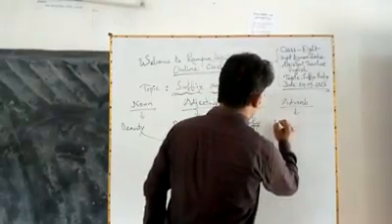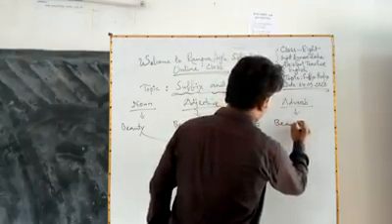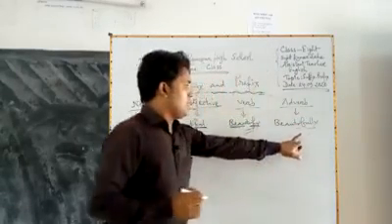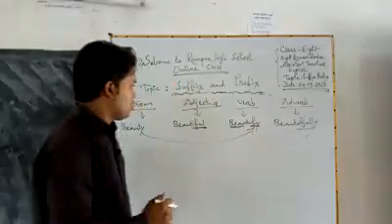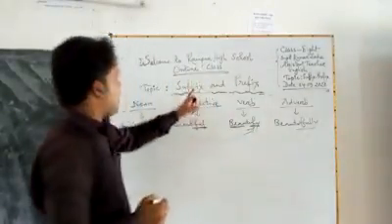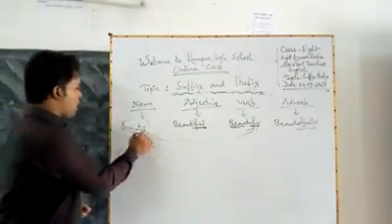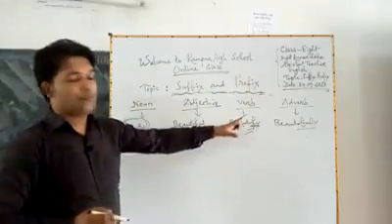Next, beautifully, an adverb. Beautifully is an adverb and it has another word meaning. So now we know that suffix and prefix help a word to make other types of parts of speech.